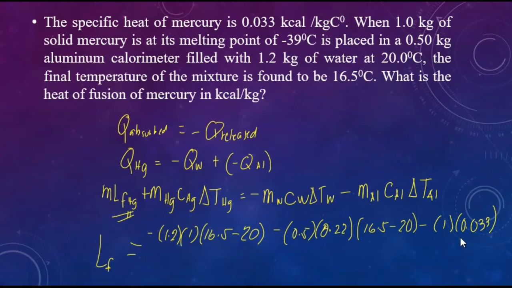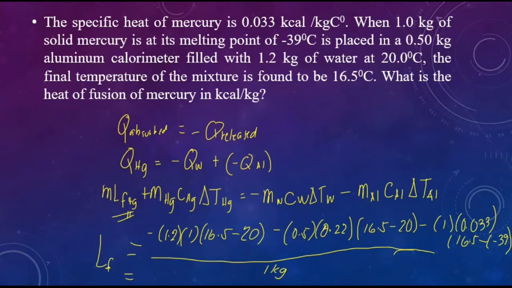Okay, I'll just write delta T here. For the delta T, we have the final temperature 16.5 minus the initial, which is negative. Take note of that, negative 39. So do not forget that, negative 39. So we have here all over the mass of the mercury, which is given here as 1 kilogram.